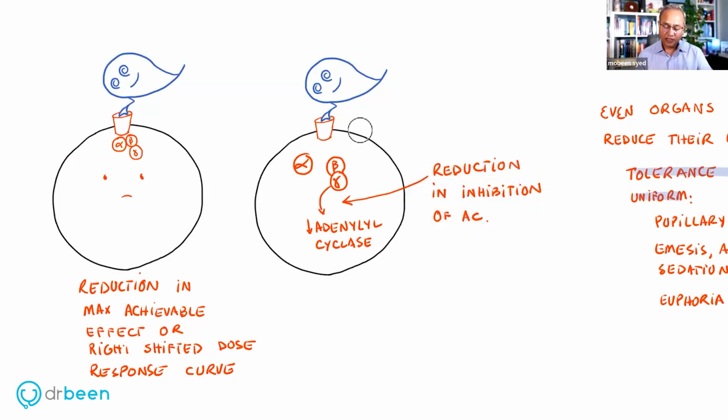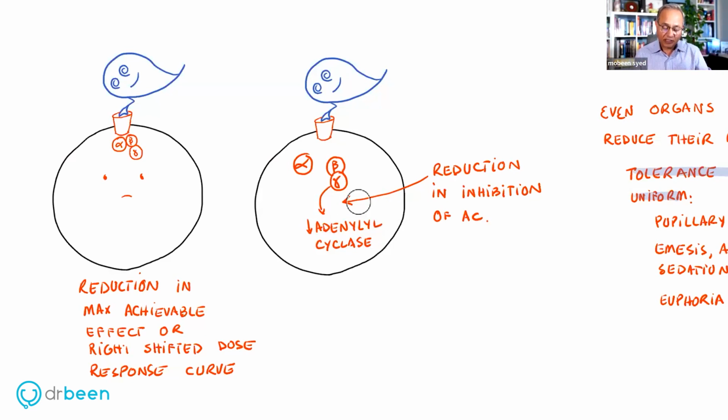What does that mean? Remember, we just discussed that in the beginning as well, that when opioids attach with the opioid receptors, they cause alpha to be separated, beta and gamma to be separated. Beta and gamma's job is to reduce the adenylyl cyclase activity, which causes reduction in cyclic AMP, which then causes a bunch of other effects as well.